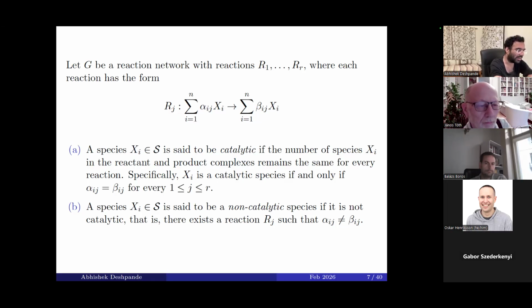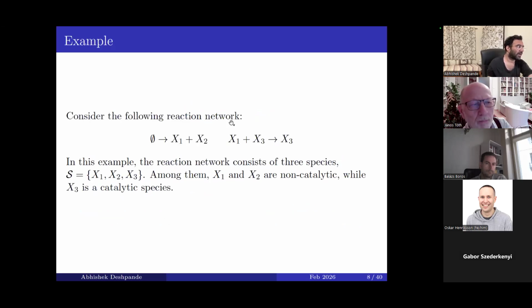To be non-catalytic, it suffices to find one reaction for which the corresponding alpha_ij is not equal to beta_ij. All right. And now that we are acquainted with much of the terminology, we can move on to the basics of machine learning tasks, which is support vector machine.